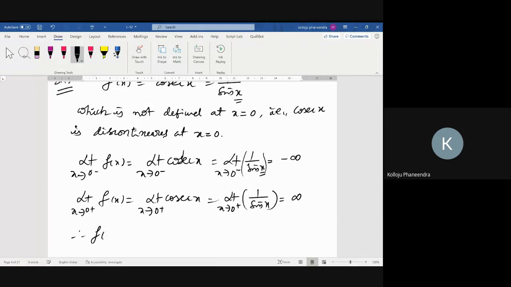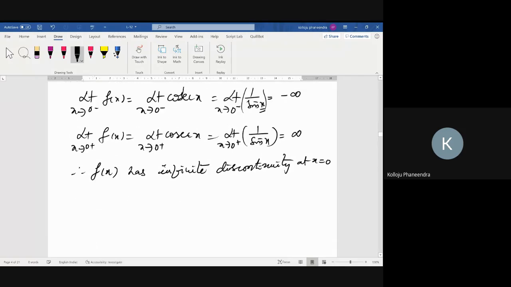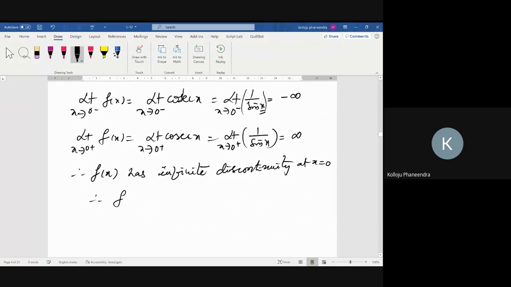Therefore, f of x has an infinite discontinuity, not a finite discontinuity, at x equal to 0. Therefore, f of x equal to cosecant x has no Fourier series.